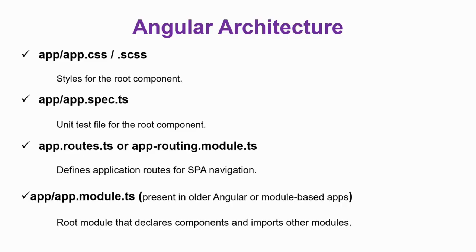Next is app.css or SCSS, whatever extension you want, you can choose while creating the solution. So this is basically the styles. Okay, so it holds the CSS and classes whatever you have written for that application, how it will be visualized and represent your application in the browser.